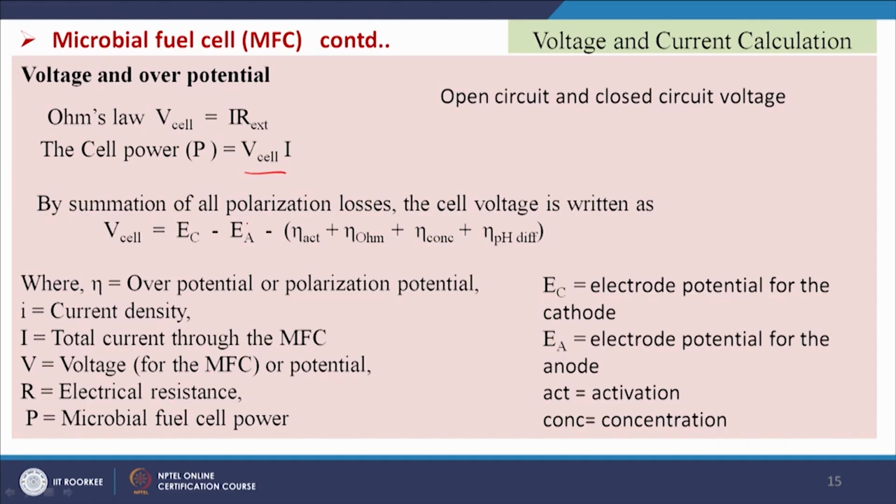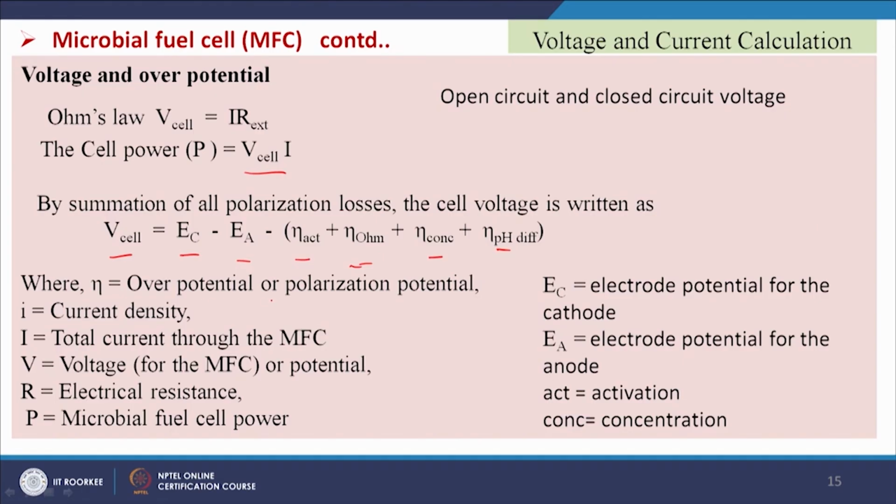By summation of all polarization losses, the cell voltage is written as V cell equal to E c minus E a minus the overpotentials of anode, ohmic, and then concentration loss and pH difference loss. So, these are the losses or overpotentials we can say.